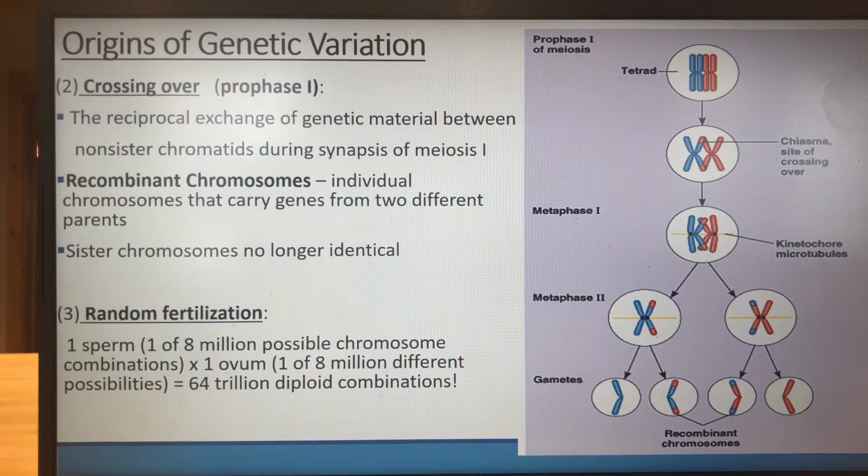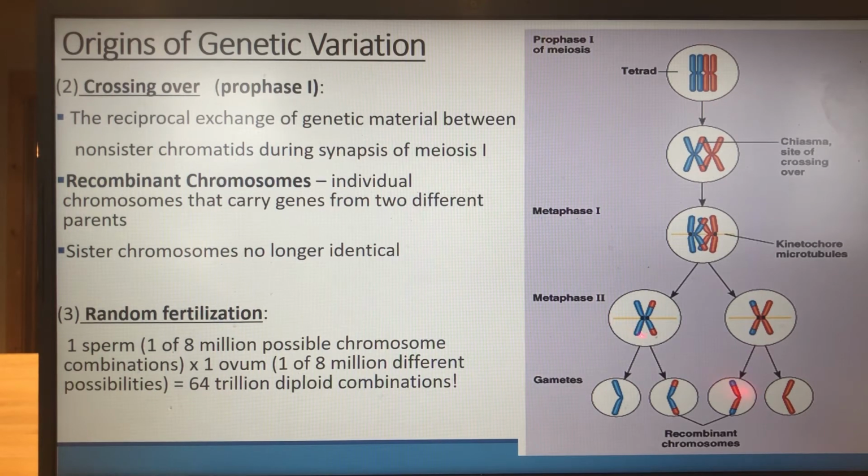Crossing over is also a source of genetic combination. That's where mama gets a little bit of papa and papa gets a little bit of mama. That makes it so that no sister chromatids are identical suddenly. If you look here, at one point these sister chromatids were identical and the blue were identical. Now we've got a little bit of crossing over.